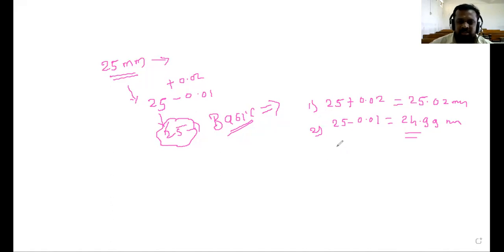After the production, suppose we have produced that component, and after the production I have measured the size of that component, and it shows its size like this.